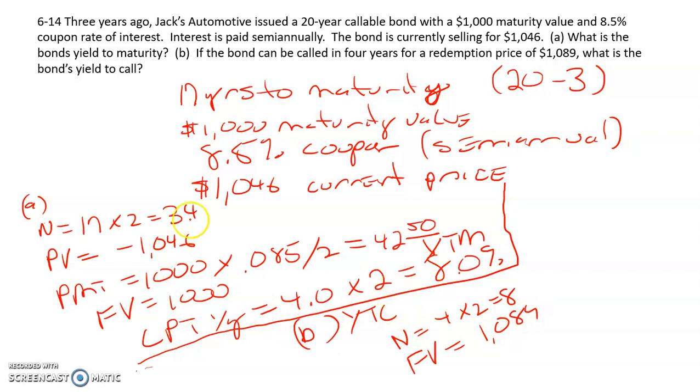All of the other information would still be in the calculator, except we're replacing the future value and the N. Then we compute I/Y and get 4.5. We have to annualize that, or multiply by 2, and we get 9.0%. And that is the yield to call.